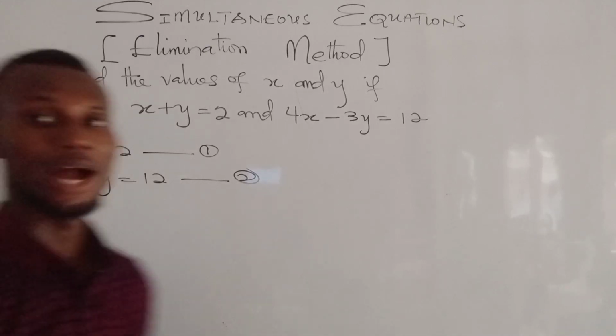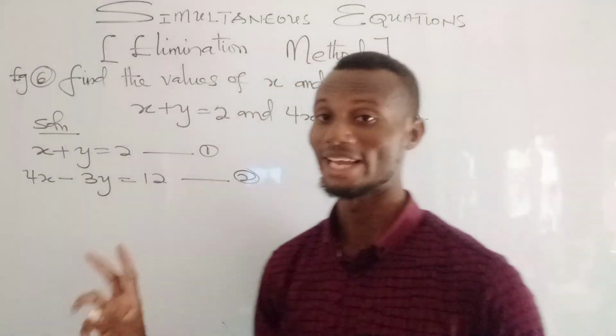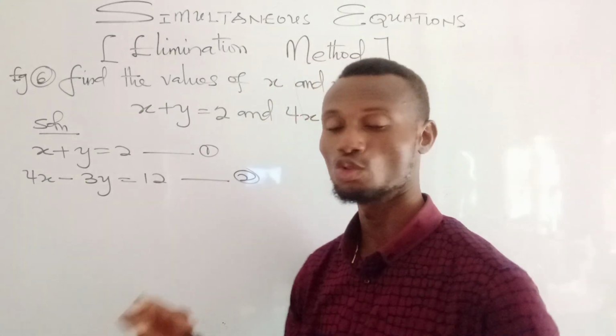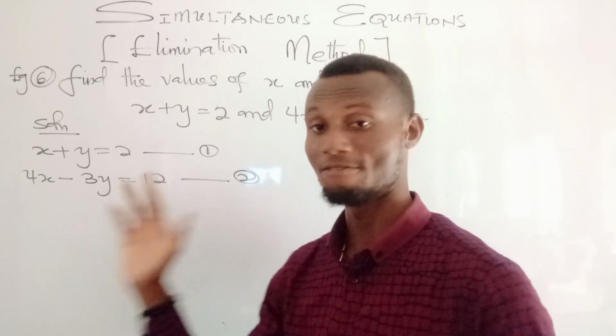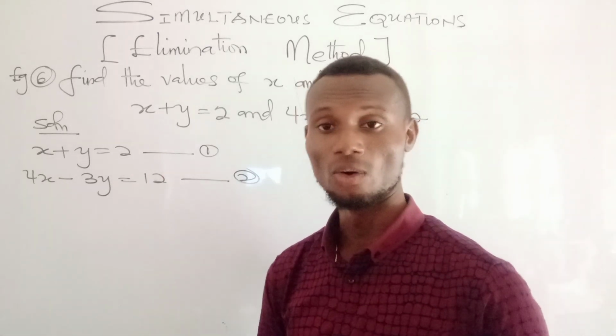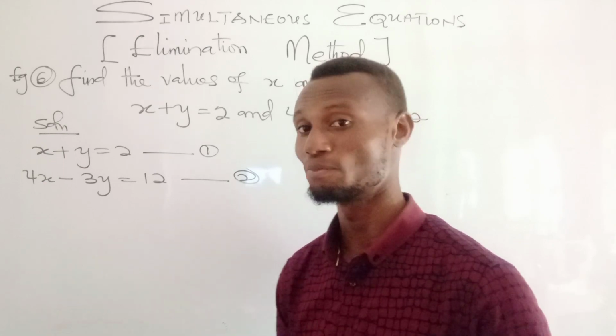We are going to use the elimination method to solve this one. For you to go through the elimination method, you need to make sure that the coefficients of the variable you want to eliminate are the same, because if the coefficients are not the same, you cannot go through the elimination process.